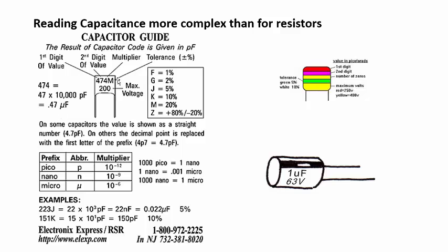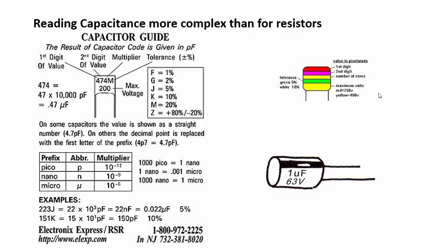The M or G or J or K marked on the package is for the tolerance, how accurate it is. It does not mean mega. And then there will be a maximum voltage listed, so you do not exceed the maximum voltage of your capacitor. Here's your summary of your metric prefixes.